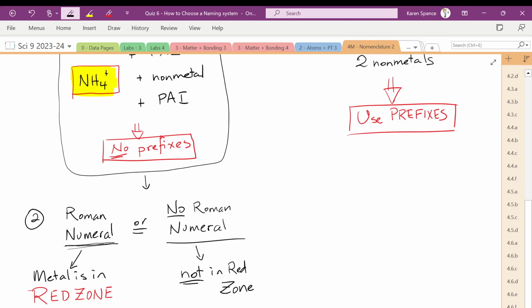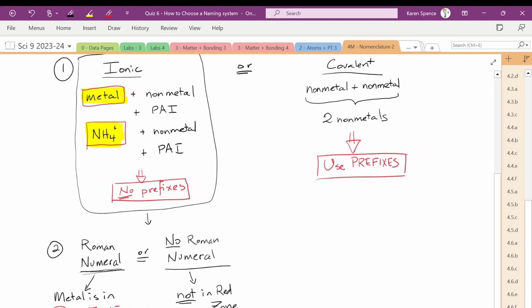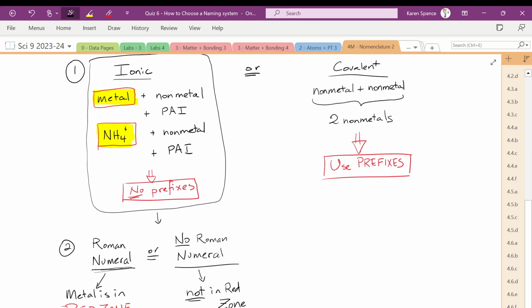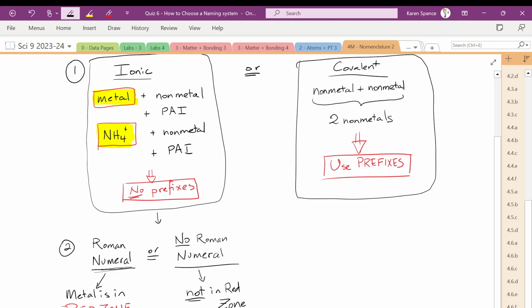Now, let's just remind ourselves of a couple things about covalent and the use of prefixes. Do you remember what we need to do with the ending of the second name? Second name ends in "ide."